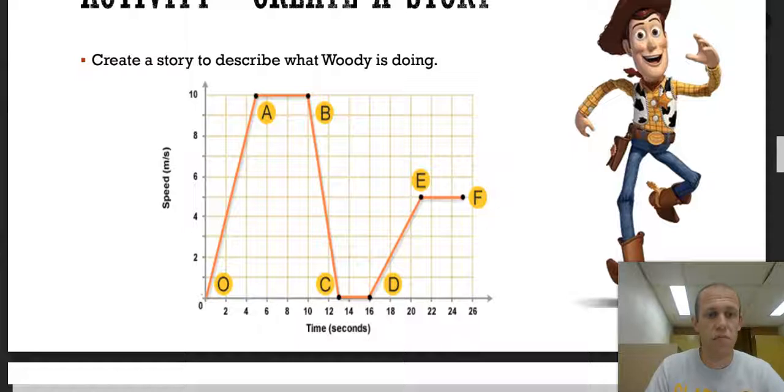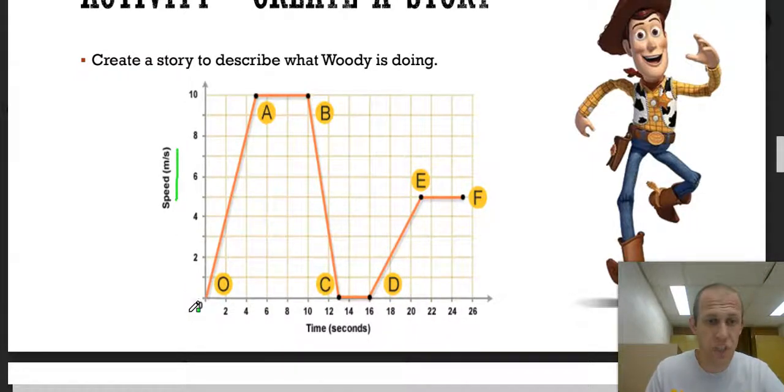And then he begins to move. It says he's going 10 meters per second at time about 5. So that's not telling you his position. His position isn't changing constantly. His position is changing rapidly because he's speeding up. Remember, this is a speed time graph.